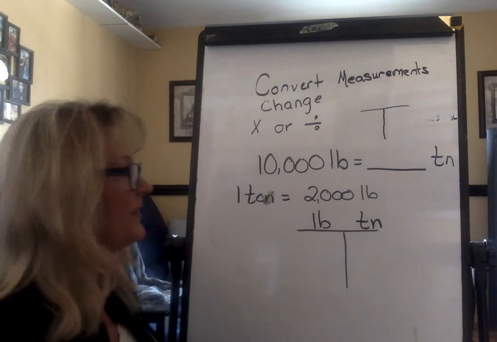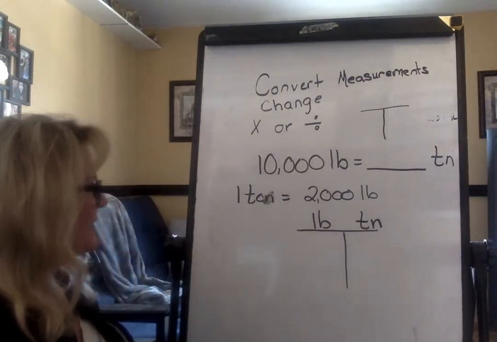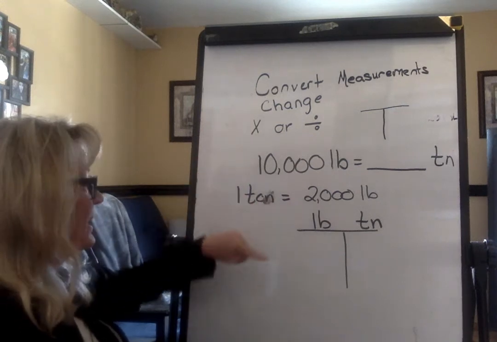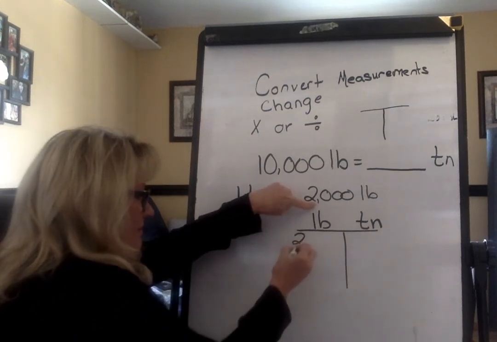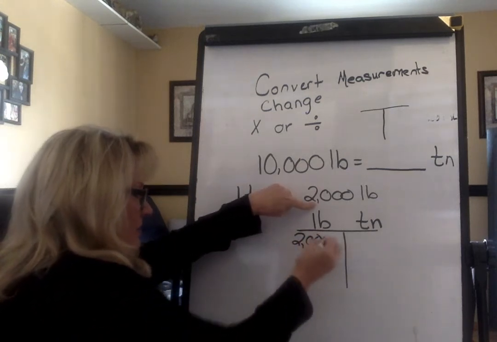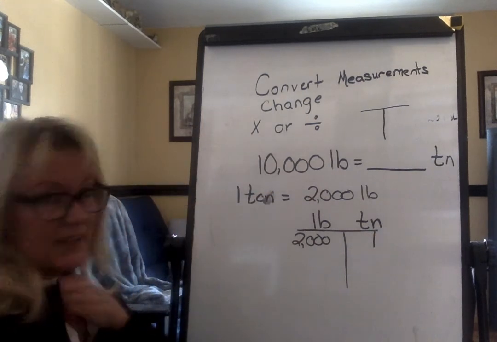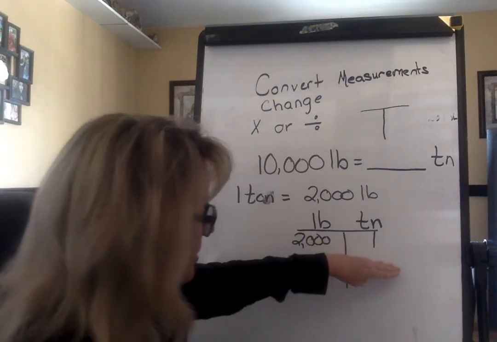I'm going to try to develop a rule. Okay? Now, let's see. How many pounds do I have? Sorry. If I have 2,000 pounds, okay, that's the part I know. That means I have 1 ton. I think you're already starting to see I'm going from a larger number to a smaller.